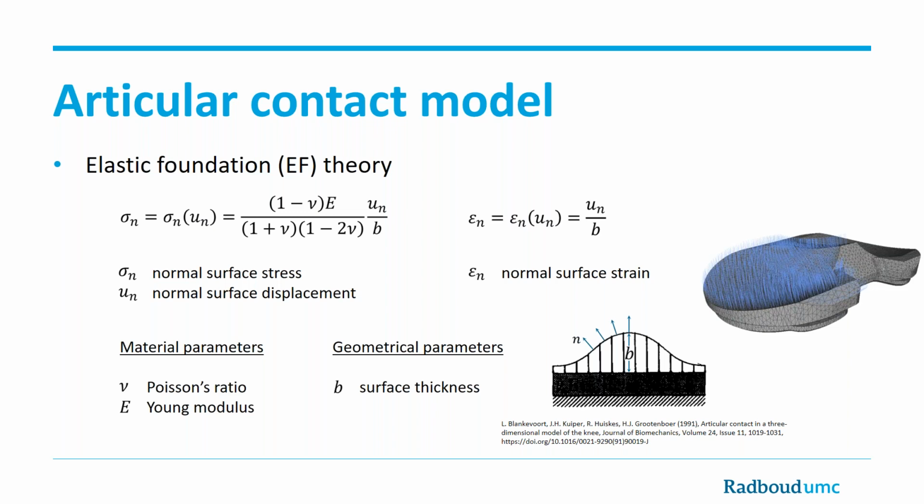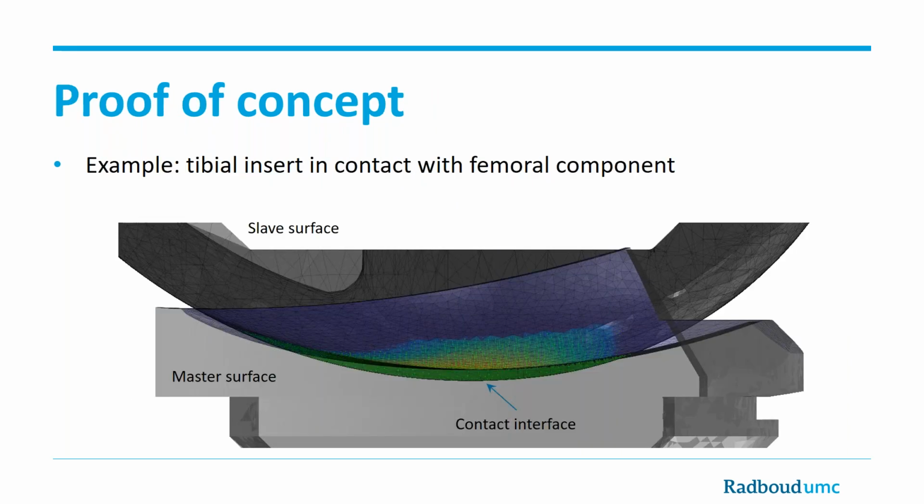So we will make an example using the total knee arthroplasty model, which is the one we used to actually develop this model. To have an idea of how this contact model works, we can think of the femoral component as being the slave surface in contact with the master surface, which is the tibial component. And essentially, we are looking for the penetration of the slave surface into the master surface.